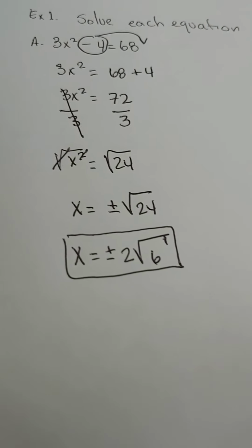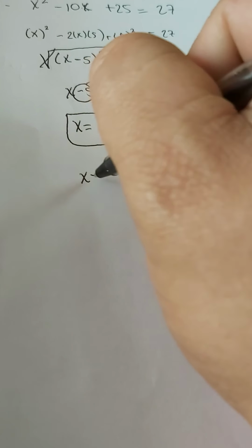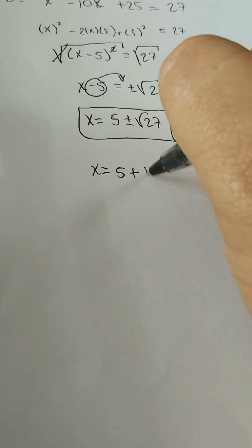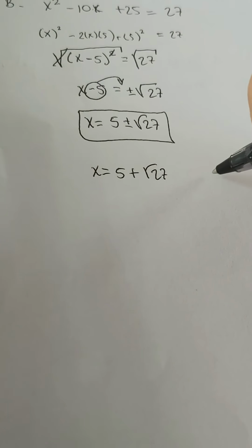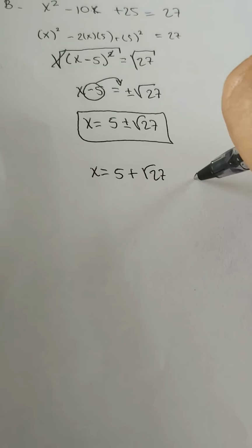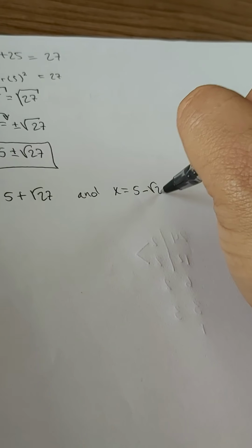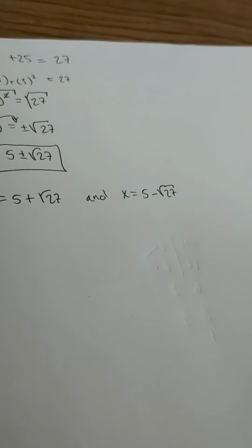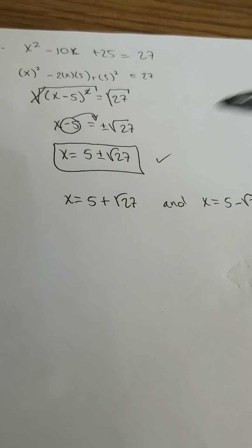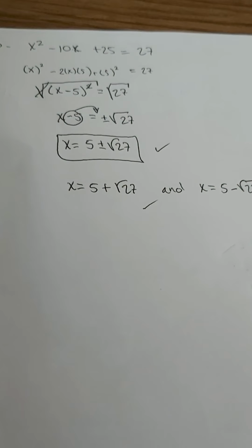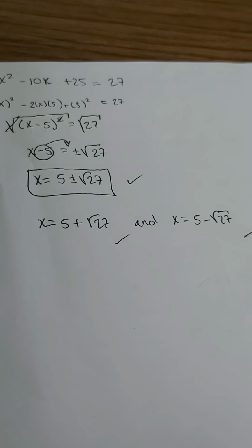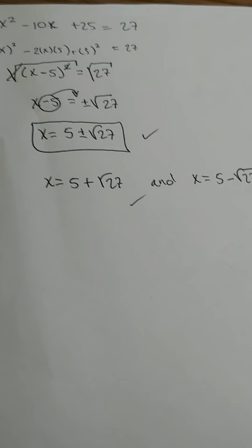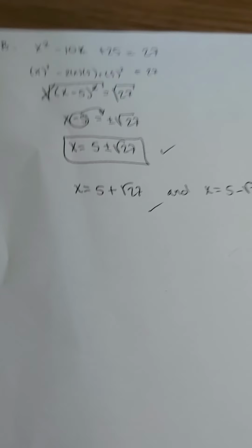Same for part B. The solutions for part B mean x equals 5 plus square root of 27 and x equals 5 minus square root of 27. Okay? You can leave your answer like this. If you want to write them like that, it's okay. Okay? Now, this is how to solve using the square root property.